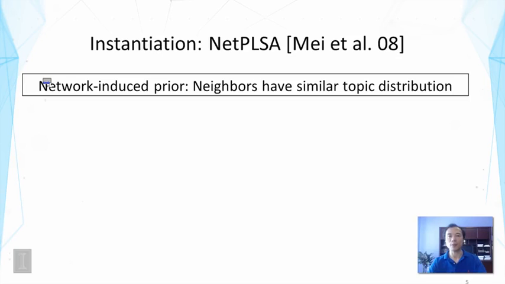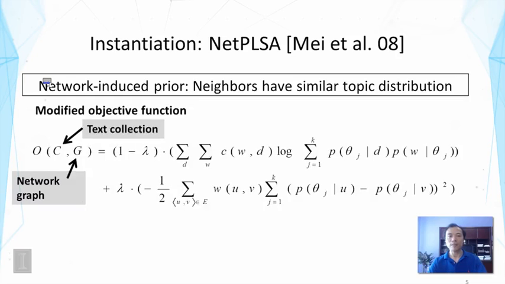They must cover similar topics in similar ways, and that's basically what it says in English. So technically, we just have a modified objective function here that's defined on both the text collection C and the network graph G here. And if you look at this formula, you can actually recognize some parts as fairly familiar, because they should be fairly familiar to you by now.